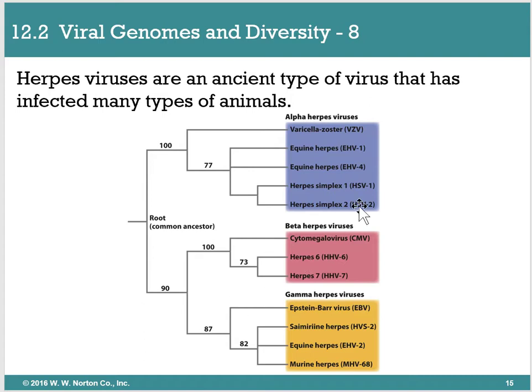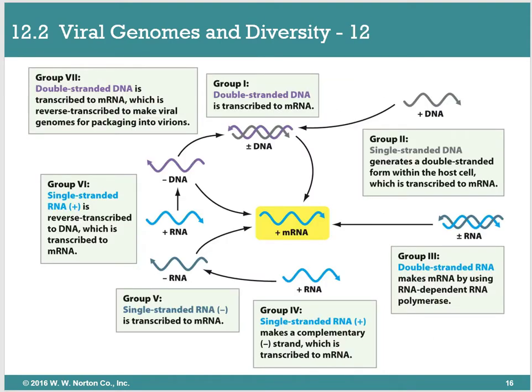But the most common ones that we'll see are the varicella zoster, herpes simplex 1, and herpes simplex 2. We'll talk more about those 3 strains specifically whenever we get to the chapter of infections of the reproductive system.